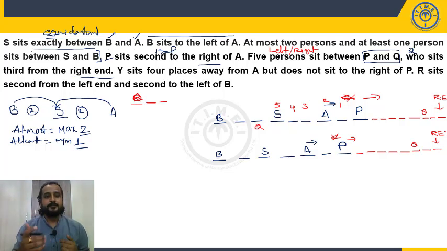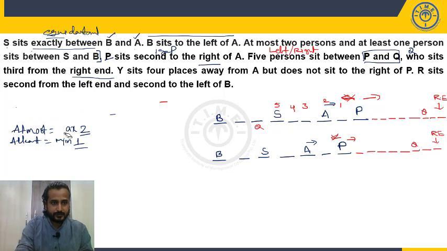Okay, let's see. Y sits 4 places. Okay, let me erase the unnecessary information. So Q is fixed, so no issue. Again, even this is also fixed.